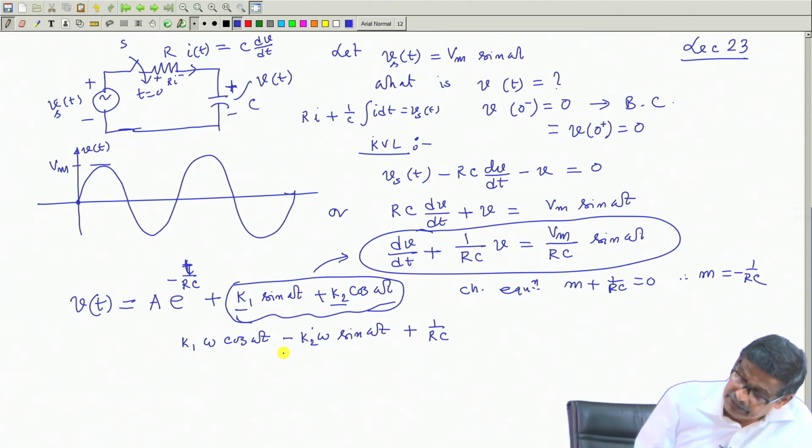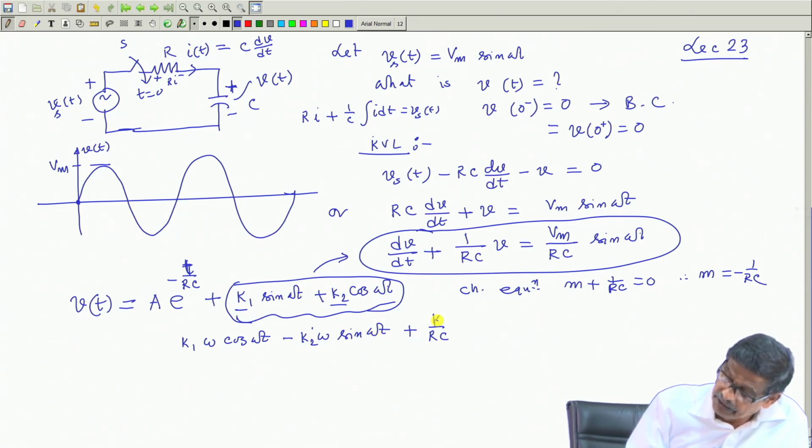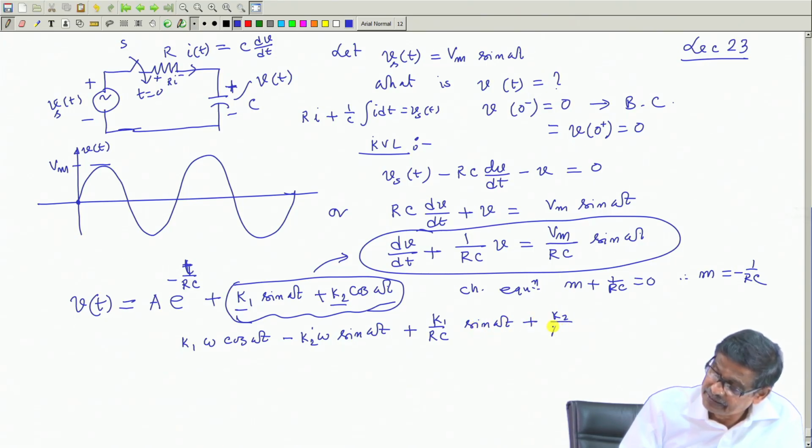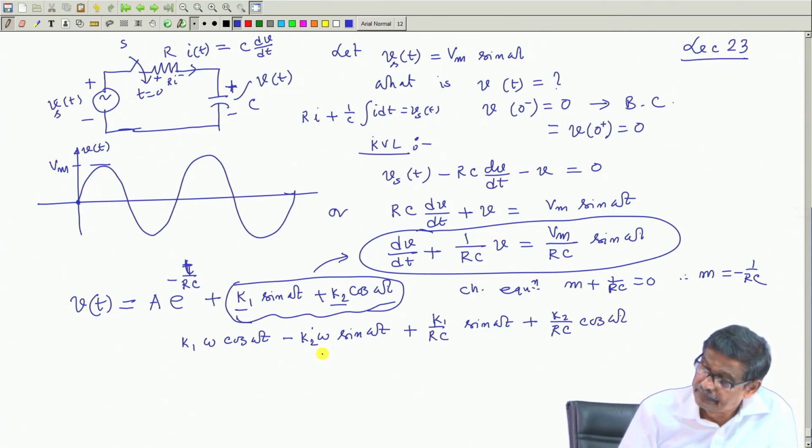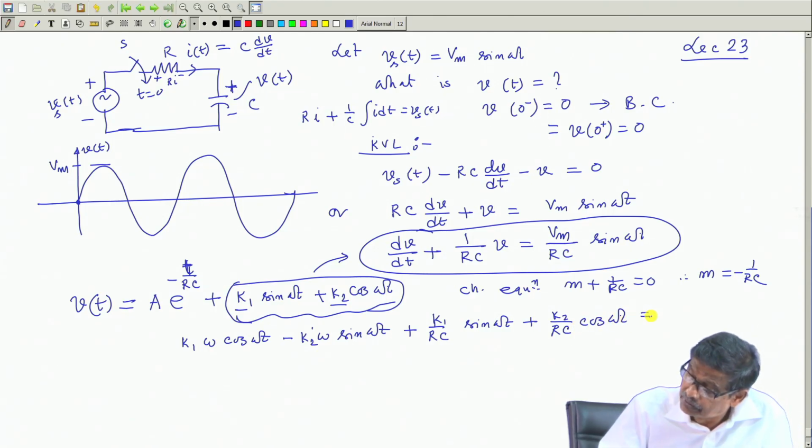So, k1 by RC sin omega t plus k2 by RC cos omega t. 4 terms will be there, and that will be equal to Vm by RC sin omega t.